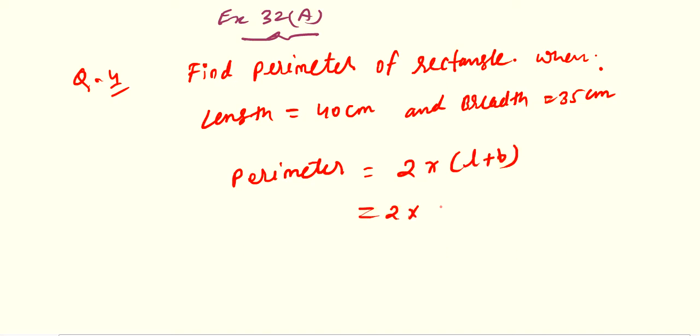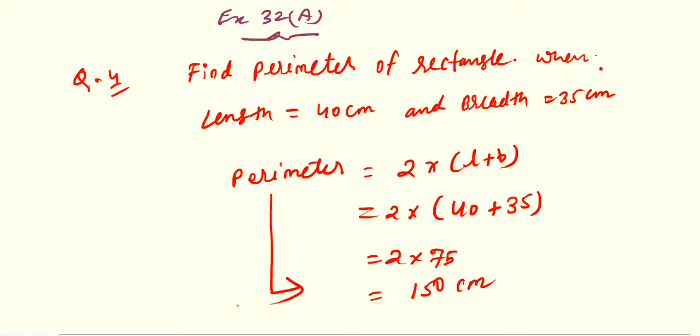So 2 into in bracket, value of length 40 plus value of breadth 35. Now solve this bracket, 40 plus 35 is 75. So multiply, now 150 centimeter is the required perimeter.